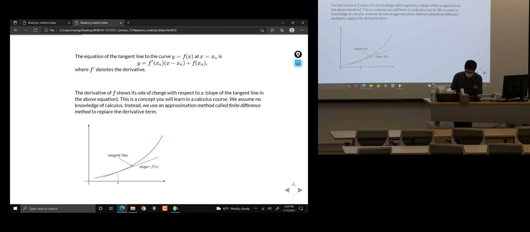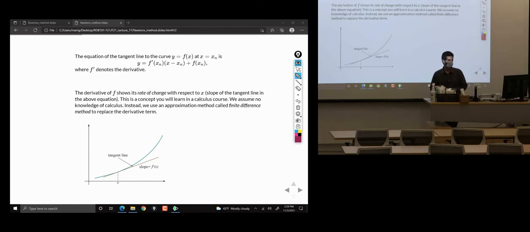Okay, so I have this curve, and I want to find a tangent line. How do I do that? I don't know how to take a derivative. Somebody with more advanced knowledge is telling me to take the derivative of my function, but I don't know how to do that. Imagine me, an absolute clueless guy about calculus.